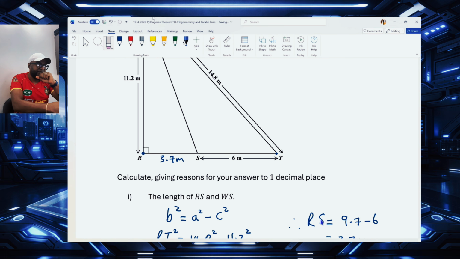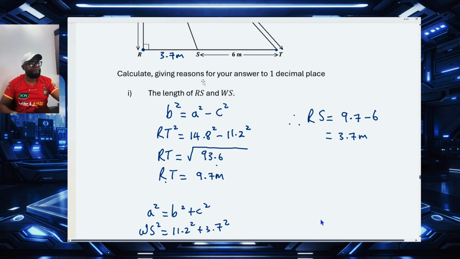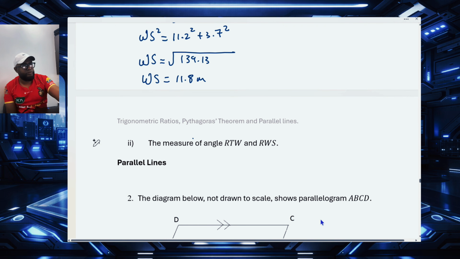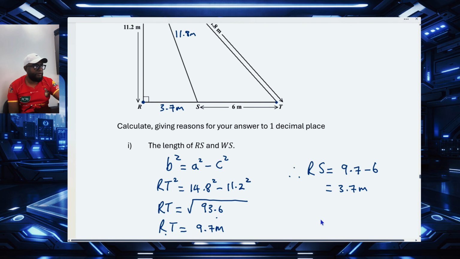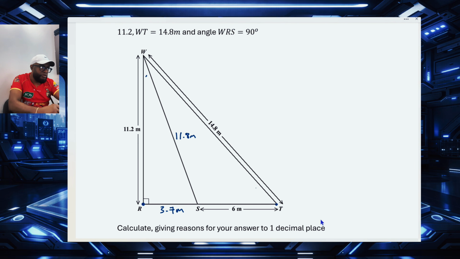I put these in because I see we have to find some angles, right? What was 11.8? Real close to this one, 11.8 meters, right? So the measure of angle RTW, let me go, R to T to W. What are you using?